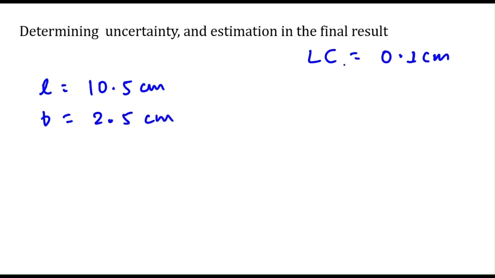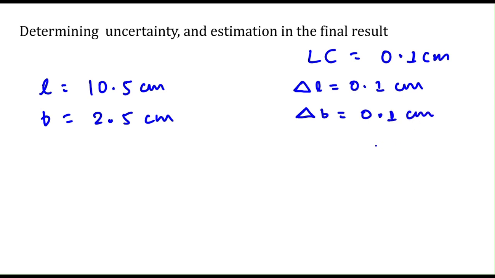Now this is least count 0.1 centimeter, which means there may be an uncertainty of 0.1 centimeter in the measurement of length, as well as the same amount of uncertainty in the measurement of breadth also.